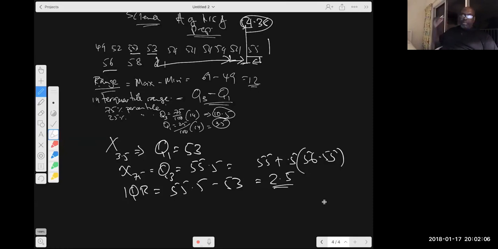That number would be large when values are fairly far away from the mean, and small when values are close to the mean. The way we do that is with a measure we call variance. For a population, we denote variance by sigma squared.